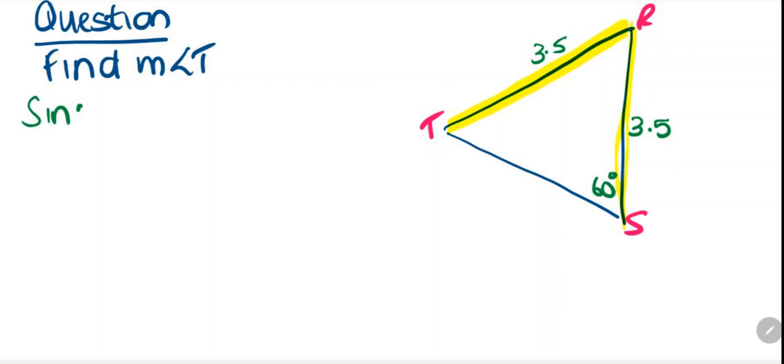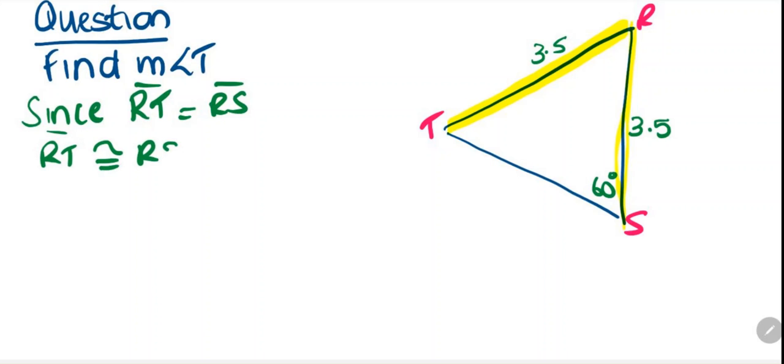So since RT is equal to RS, so that means that RT is congruent with RS, and this is the isosceles triangle theorem.